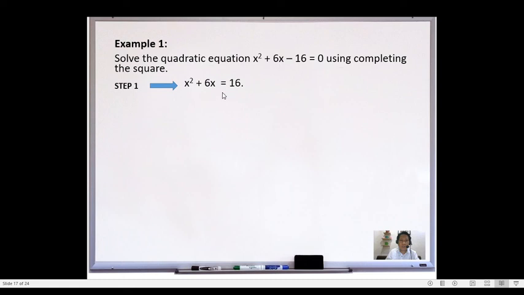We're going to write this one in the form of ax squared plus bx is equal to c. So negative 16 transpose to the other side, that will become 16. So since the value of a is equal to 1, we are going to proceed to the next step, that is the third step.